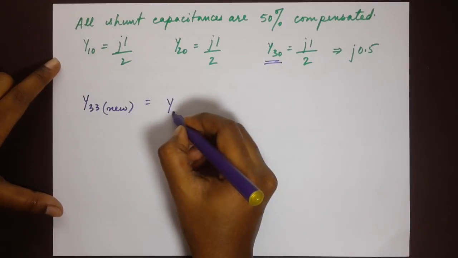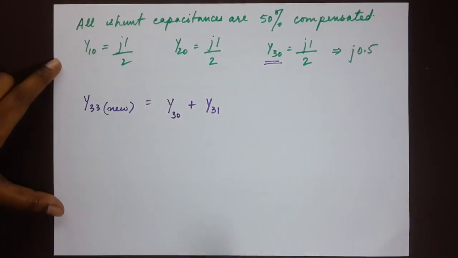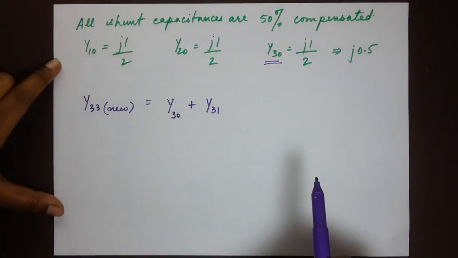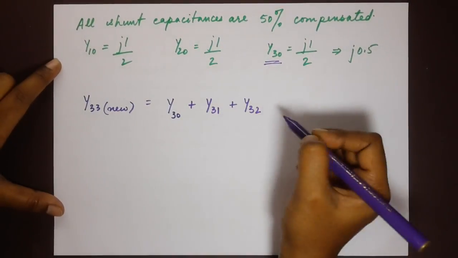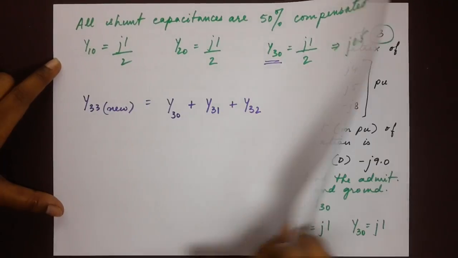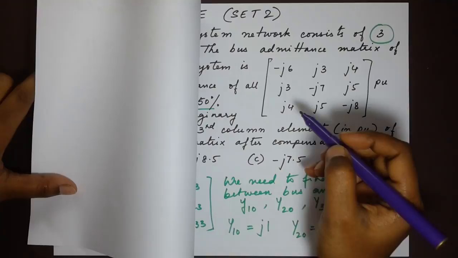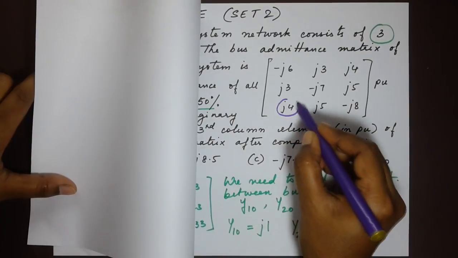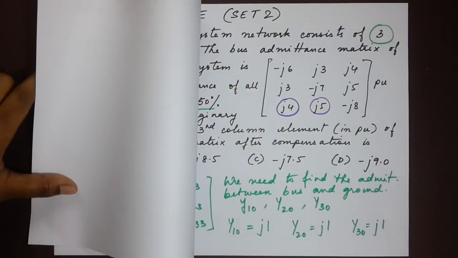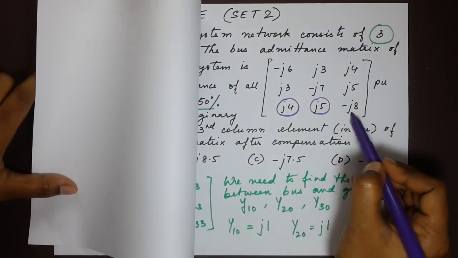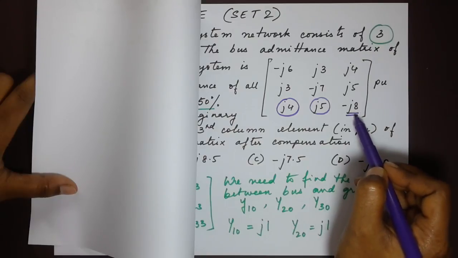the value Y30 plus Y31 from the matrix that has been given to us in the question plus Y32. So from the matrix given here, Y31 and Y32 are added to Y30 because we are finding out the new element here of Y33.